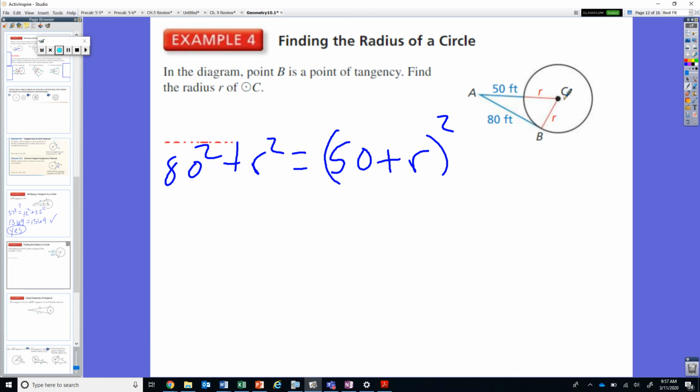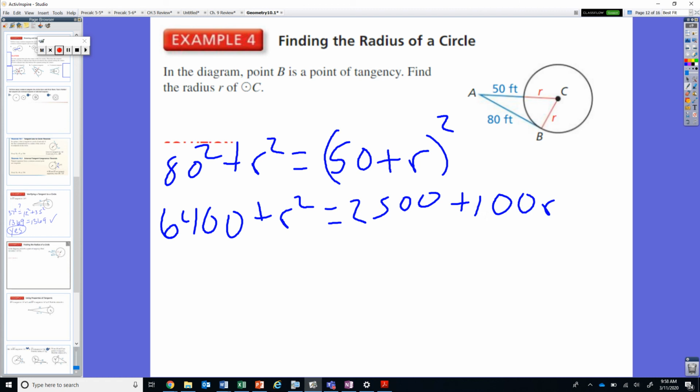So then we have 80 squared, which is 6,400, plus R squared equals, and now we have a binomial that we are squaring. So we're going to square both the outside terms. So we have 2,500. We're going to take the two terms, multiply them together, and double them. So we get plus 100R plus R squared.